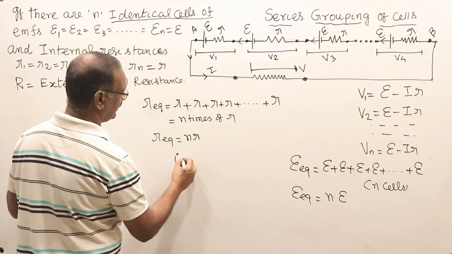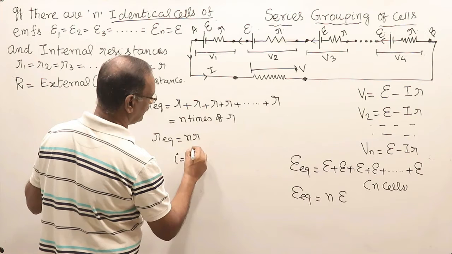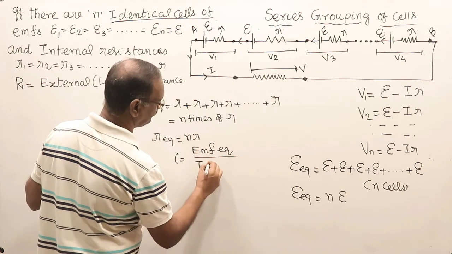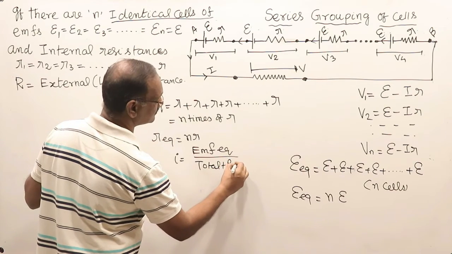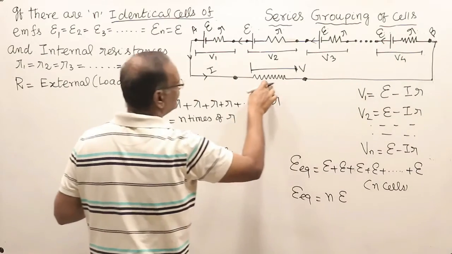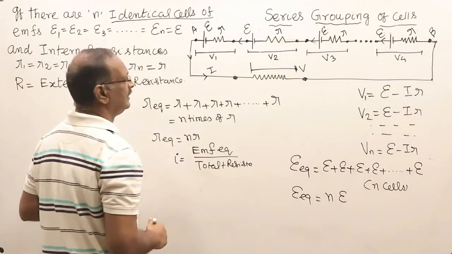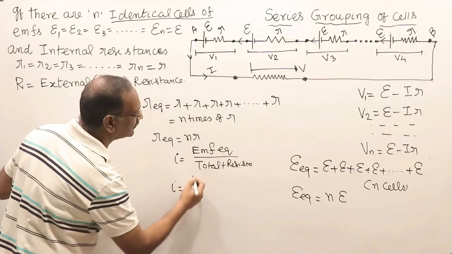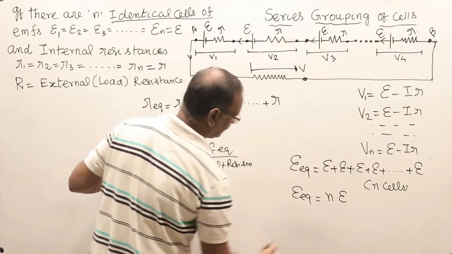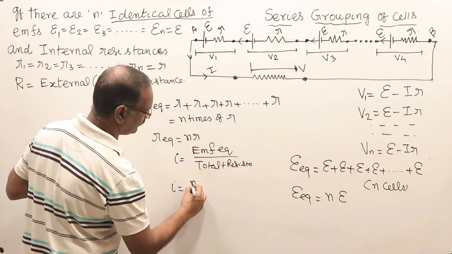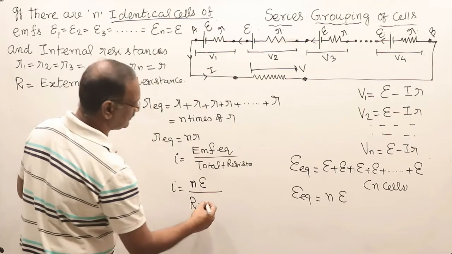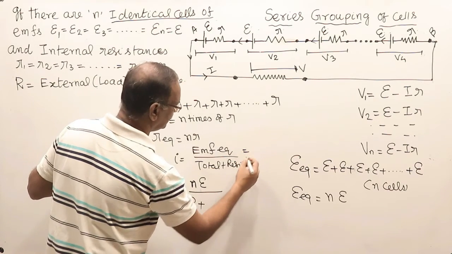So what is the current? The entire current is equal to the total equivalent EMF divided by the total resistance. Total resistance means 1, 2, 3, 4 up to n, plus the external resistance, which is also in series, because all are in series and get added up. So I is equal to n times the EMF of one cell divided by the total resistance.